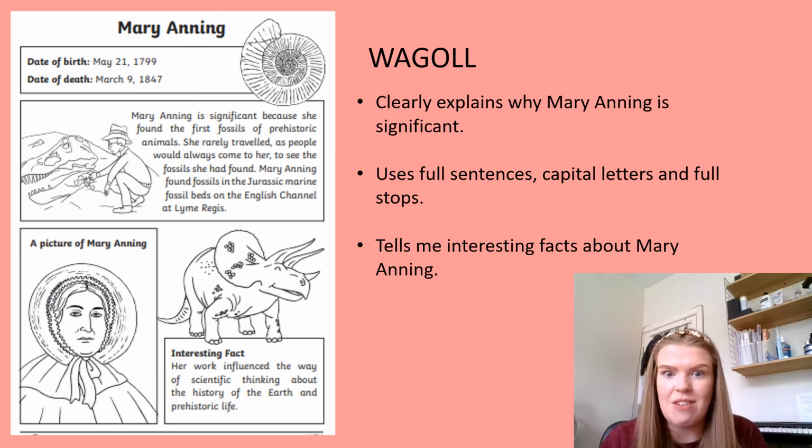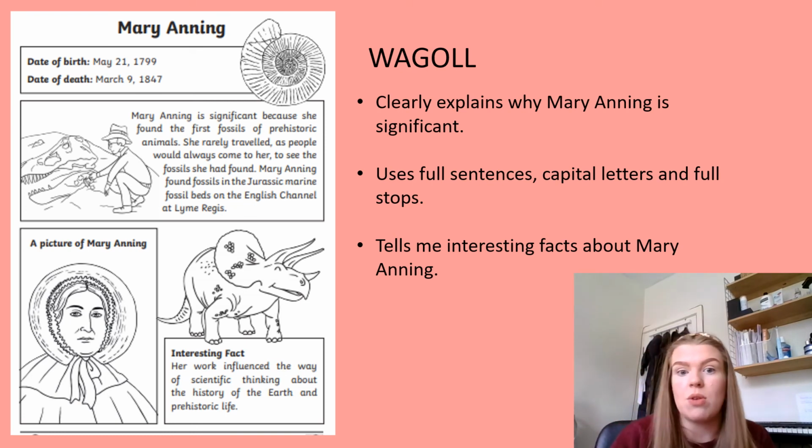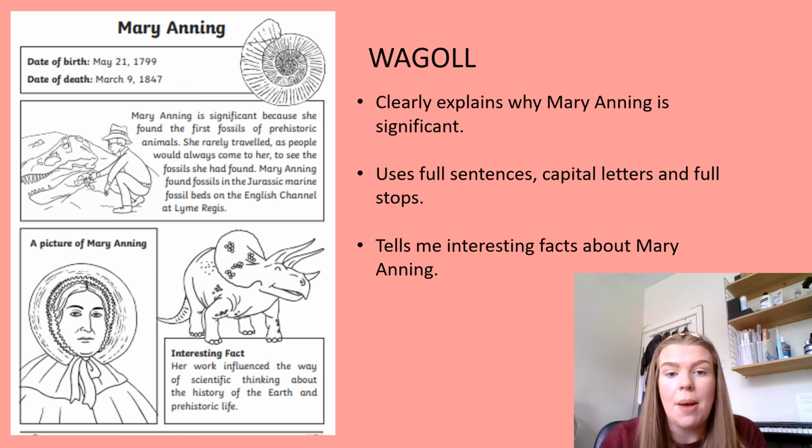Because that is a very interesting fact that would really grip the reader, wouldn't it? But look at the way that I've used capital letters and full stops. Mary Anning is a name, so she needs capital letters. And it's quite interesting, isn't it? And when you've done all of that, you could even colour in the picture of Mary Anning.